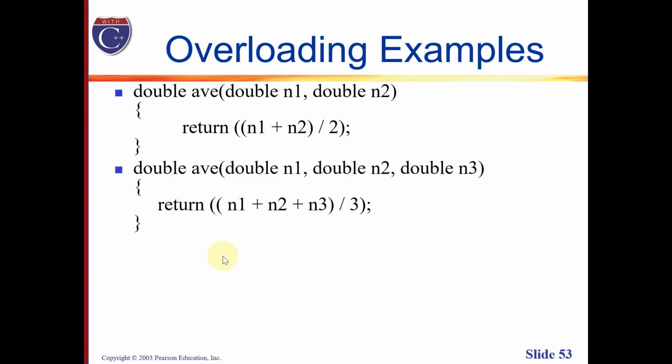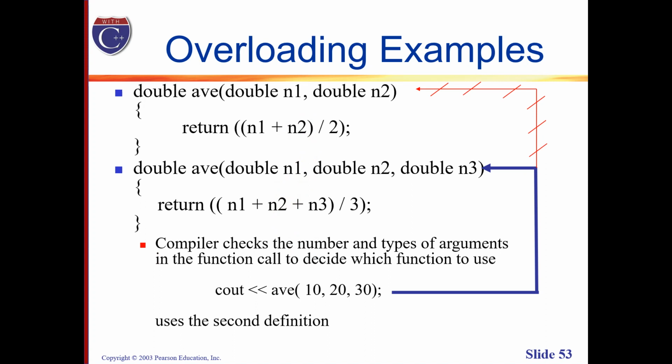Here's another function with the same name and the same return type. However, if you'll notice, we now have three formal parameters as opposed to two in the previous version of this function.